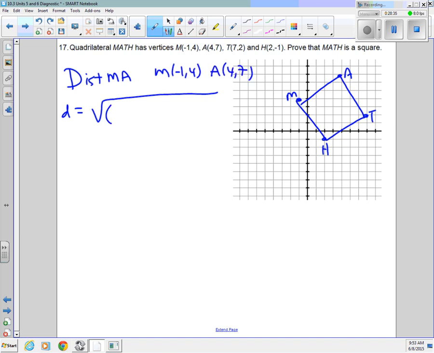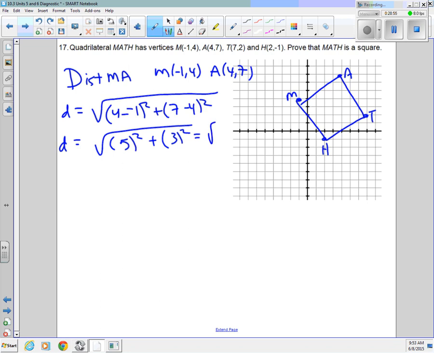So that's going to be 4 minus -1 squared plus 7 minus 4 squared. So 4 minus -1 squared is 5, 7 minus 4 is 3. And so I get square root of 25 plus 9, which is the square root of 34. So now I know that distance is square root of 34.